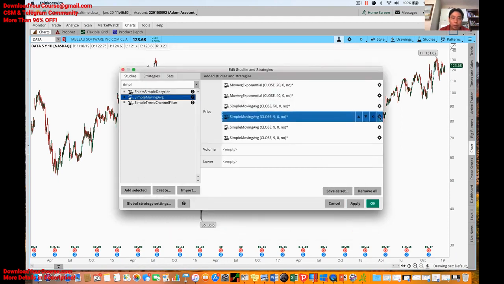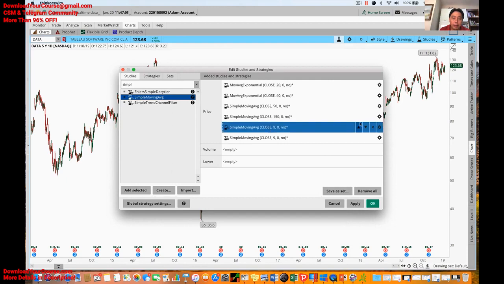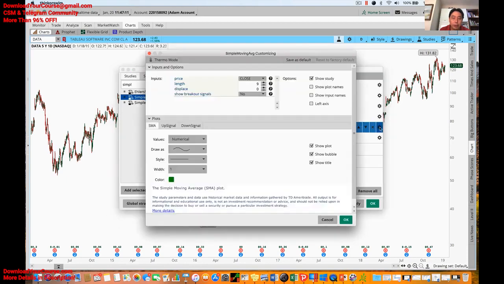Next would be the 150. Click on that to edit. It's really green, so just put it number 2, so it's a thicker line. Next would be, again, click on this widget. 200. Sorry, we forgot the 100. So let's put 100.